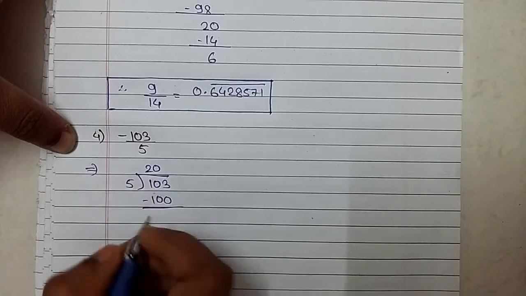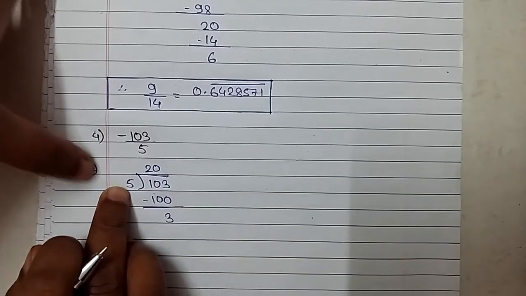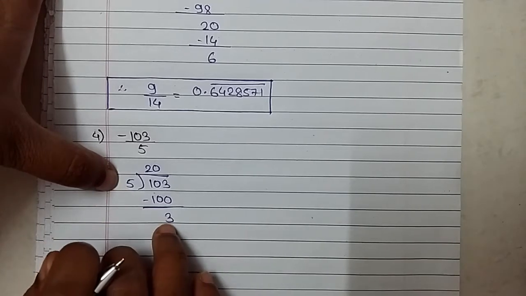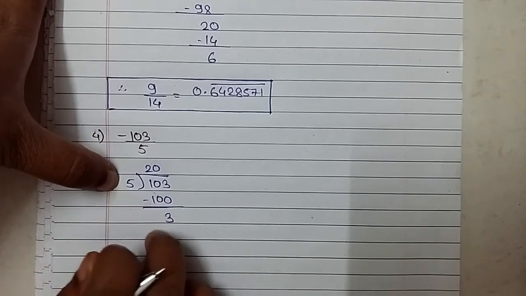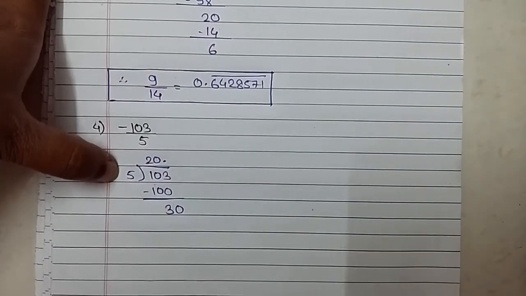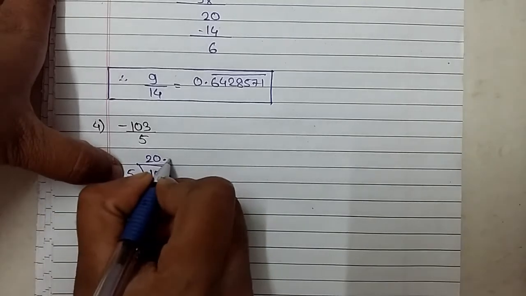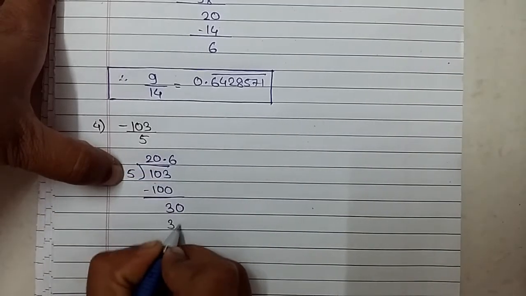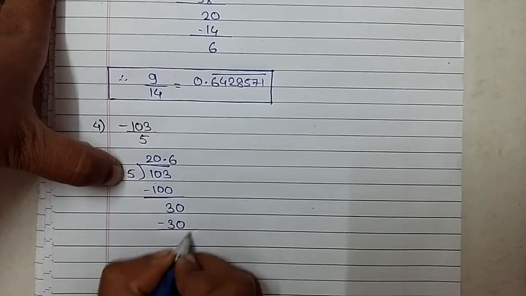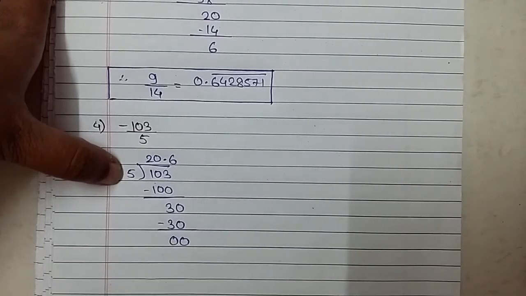Okay, and when we subtract 100 from 103, what is your remainder? That is 3. So when we divide 3 by 5, is it divisible? No. So put here a point and add here 10. Okay. Then what are 5 6s? 5 6s are 30. And then the remainder here is 0. Means here is not any value repeating.